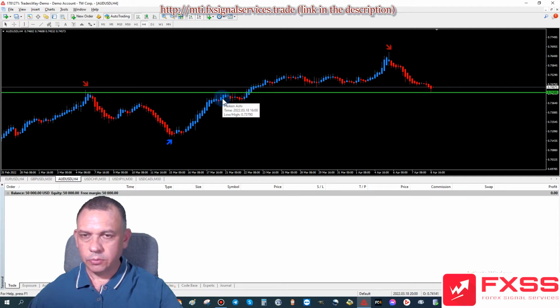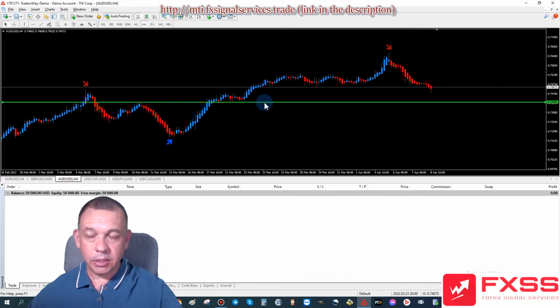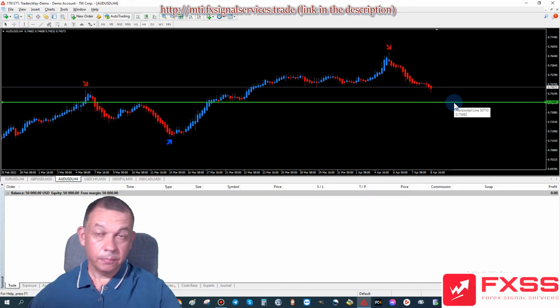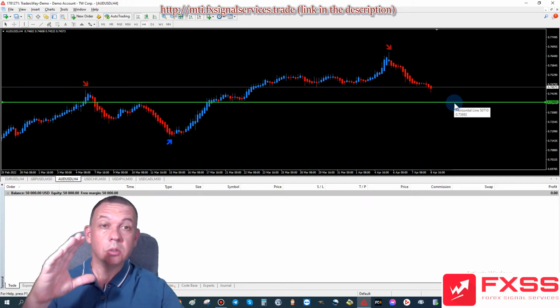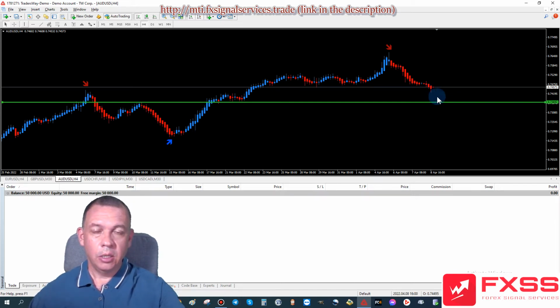I don't know. If it breaks that support and drops further, how far will it go? I don't know, but here's a likely scenario. There's a resistance here, which also broke and formed a support here, and it's still a support right now. So the price could drop and hit this support level, and that would be the likely place you would see a blue arrow form.